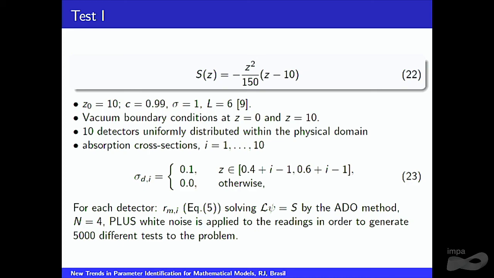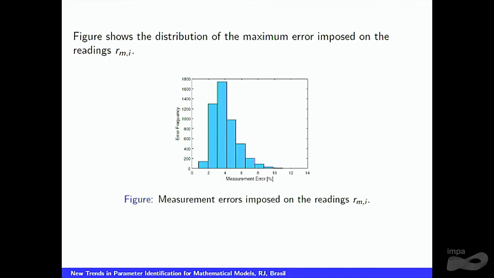First, we solved the forward problem with our analytical solution, but with not very high quadrature order, which means that probably our result does not have many significant digits. That was already to impose some noise in the readings. But later we also applied white noise in these readings, and we performed 5,000 different tests on the problem.